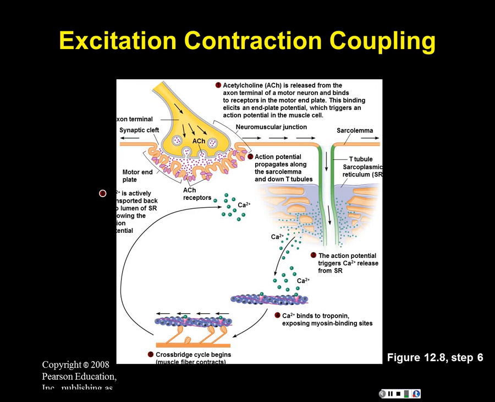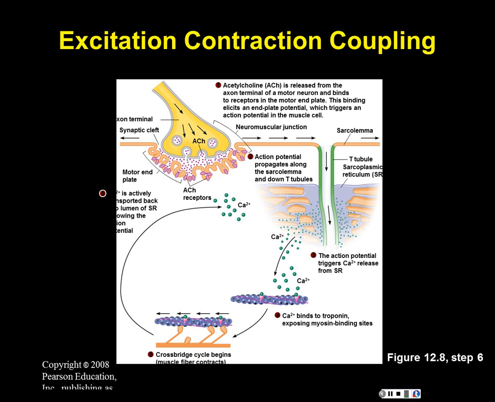Out of, where should the calcium go? Out of the what? Out of the cytosol back to the SR. That's all the calcium the skeletal muscle does. It moves from the lumen of the SR to the cytosol and then back in the lumen.